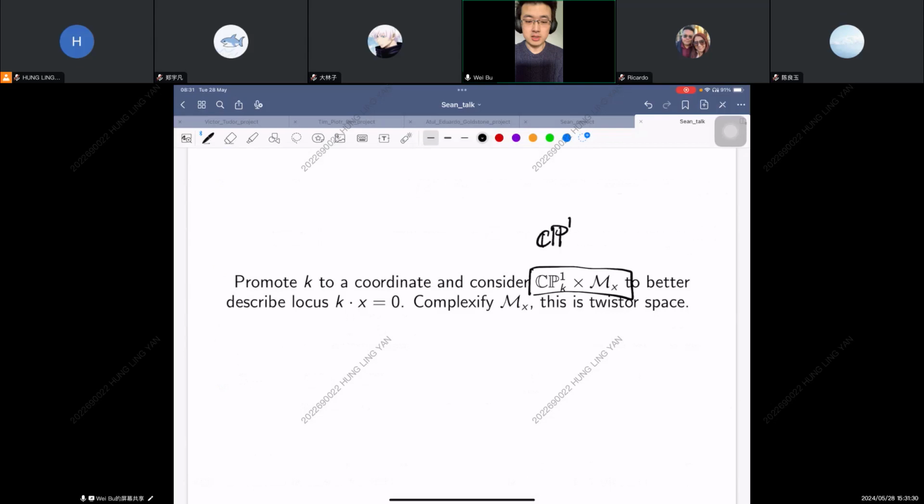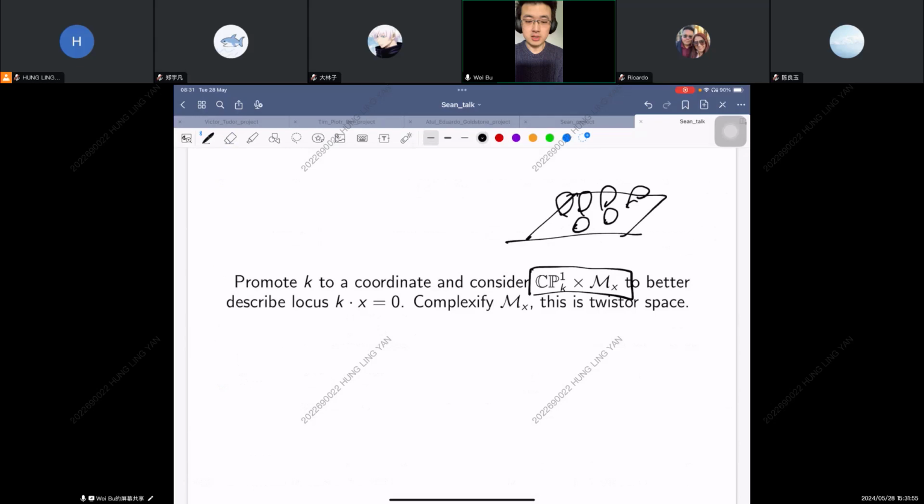For those of you who don't know, CP1 is isomorphic to S2 once you give me a complex structure. So this space, which is much larger than the original Minkowski space, you can describe the locus k dot x very easily in this space because all the k's are there. There's a CP1 trivial fibration over each point on Minkowski space. Just think about it this way.